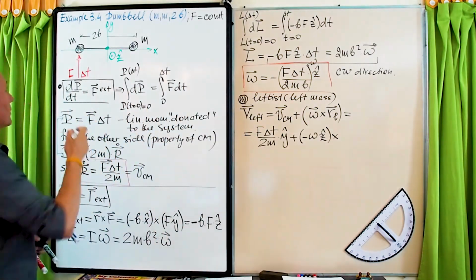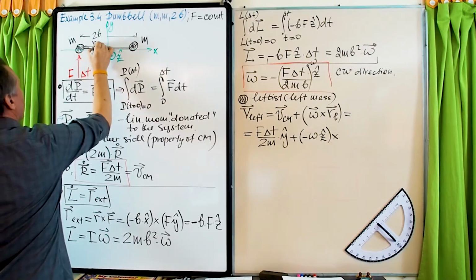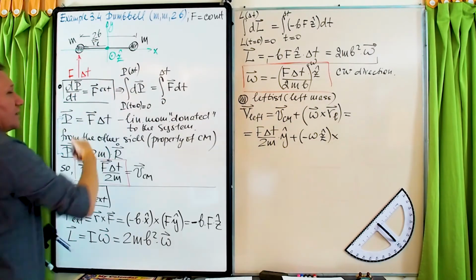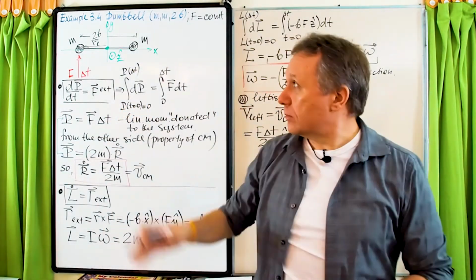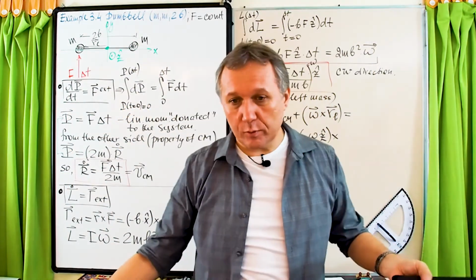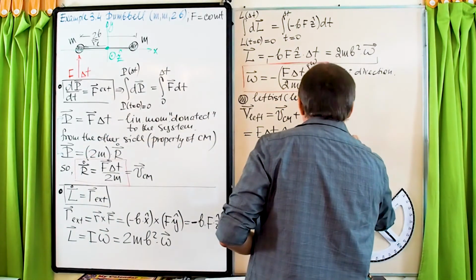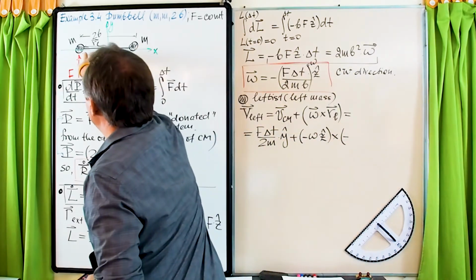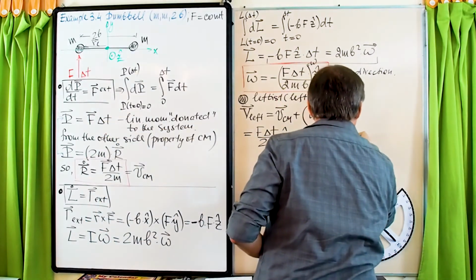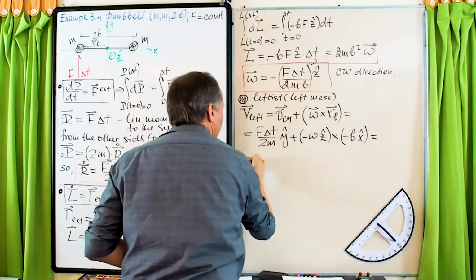Again, it's a position vector, pointing in the negative x direction. It defines the position of mass m on the left side of the origin, so the vector is negative. So it will be minus, and the absolute value, of course, b. Absolute value is b. So minus b x hat, right?